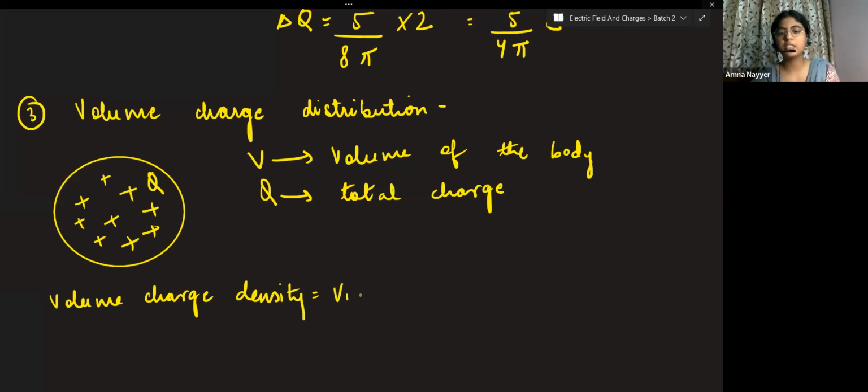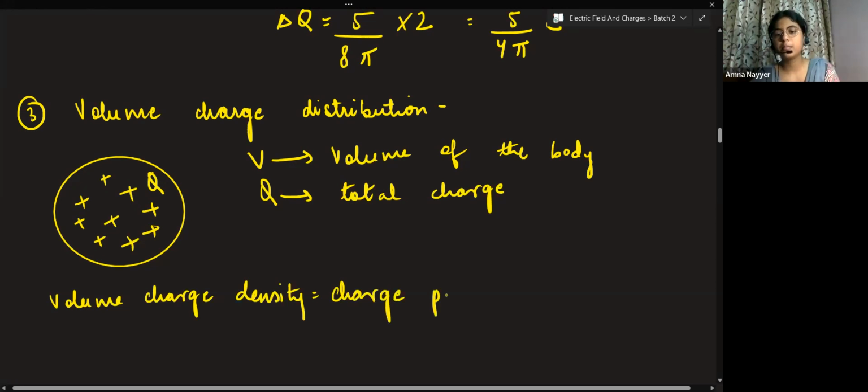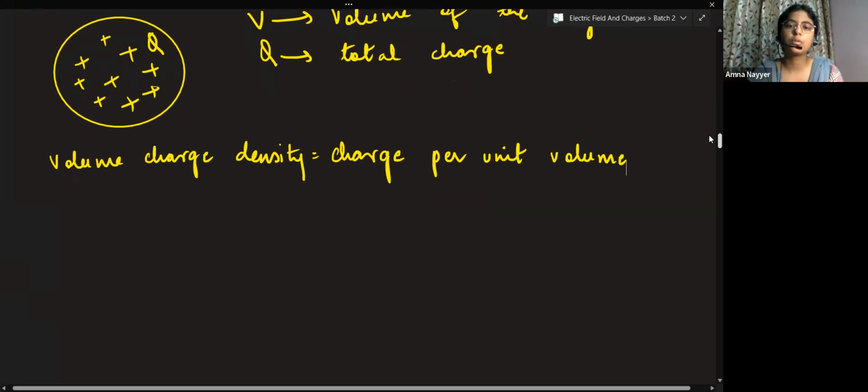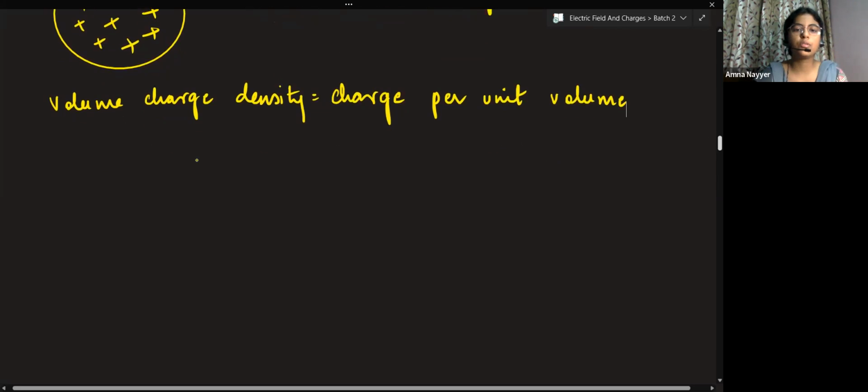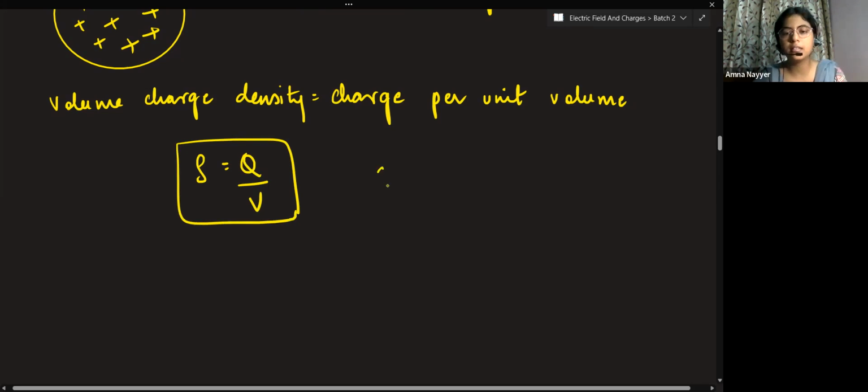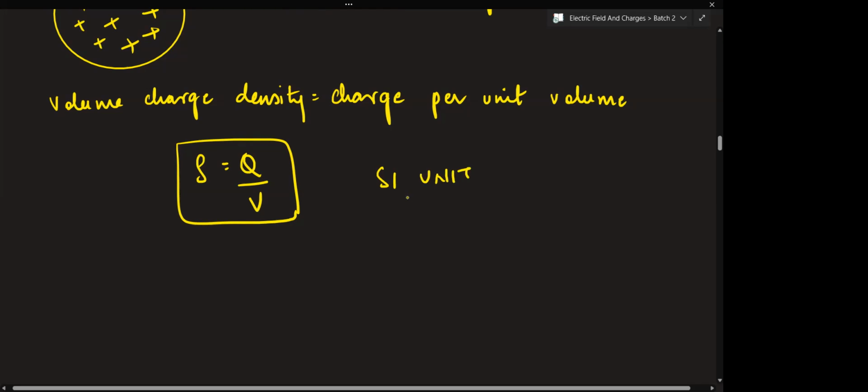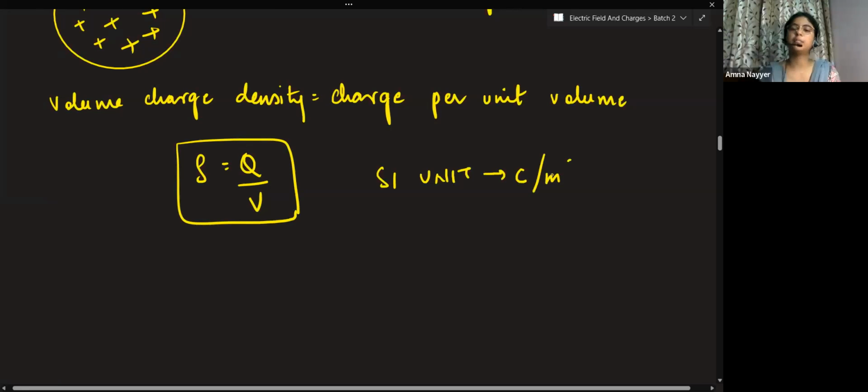This is represented through the symbol rho. Rho will be equal to the charge Q per unit volume V. Now what will be the SI unit? Coulomb per meter cube.